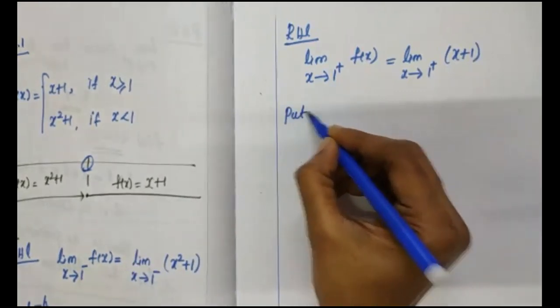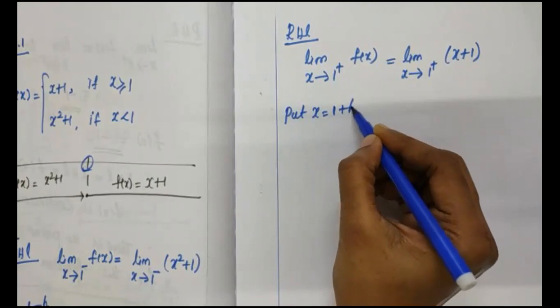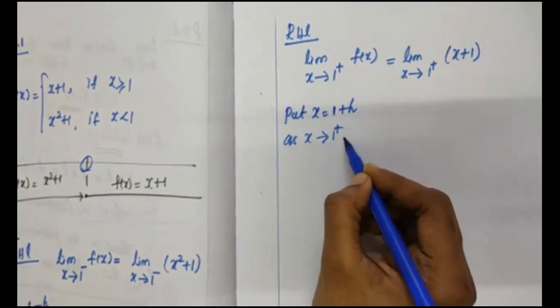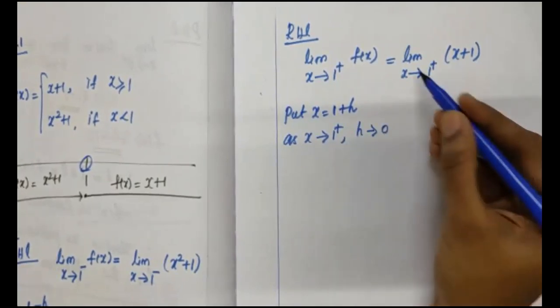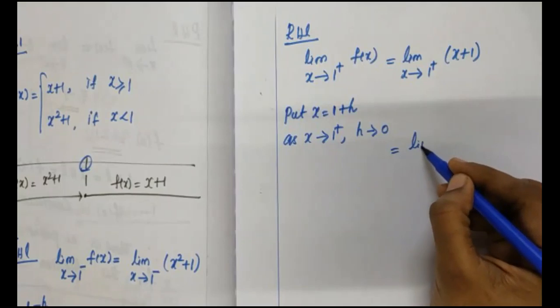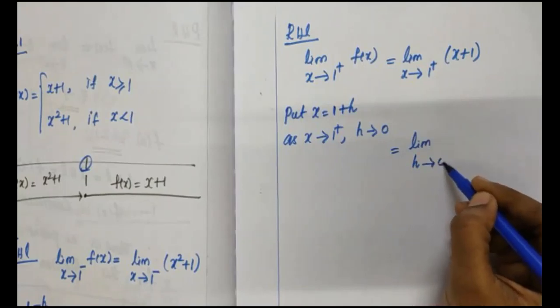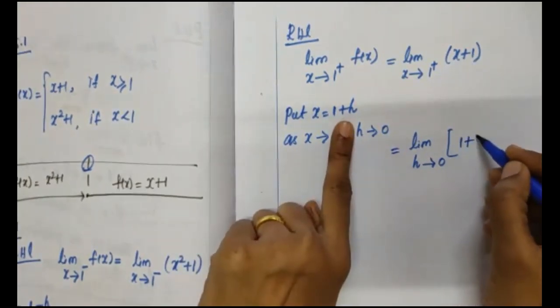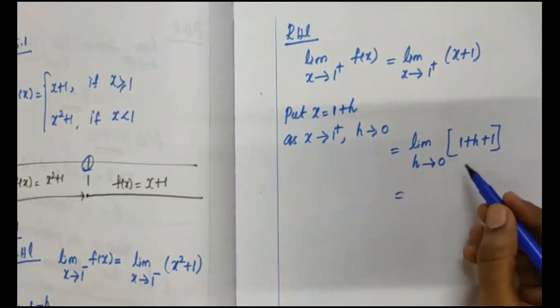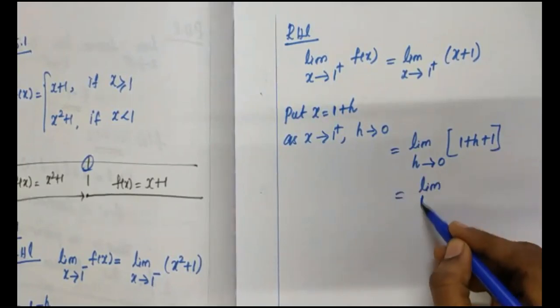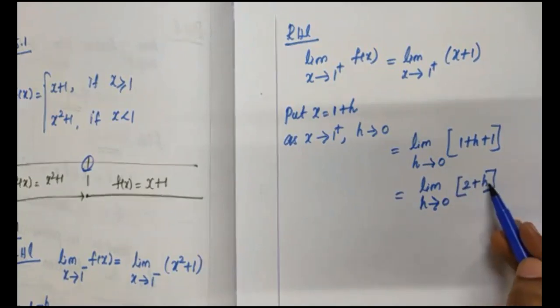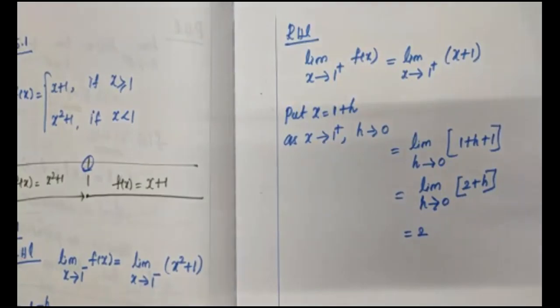Substitution, put x is equal to 1 plus h, as x tends to 1 plus, h tends to 0. Therefore, this line becomes limit h tends to 0, for x substitute 1 plus h, plus 1. That is 2 plus h. Limit h tends to 0 of 2 plus h. H value is 0. The simplified value is 2. So the right hand limit is 2.